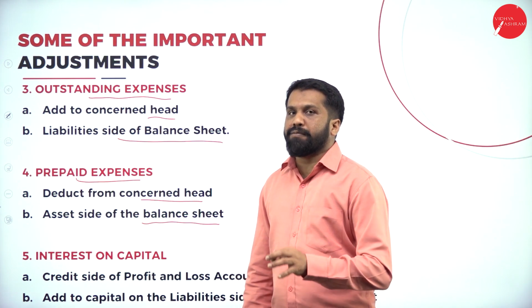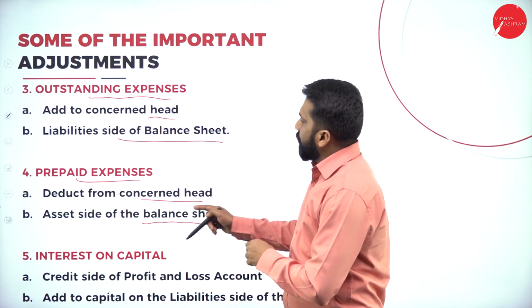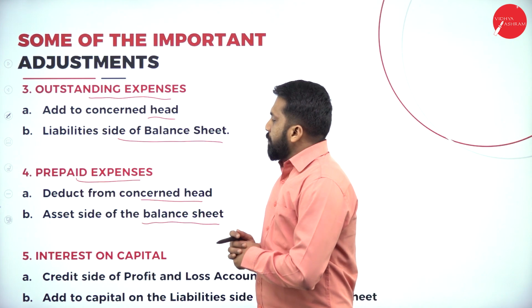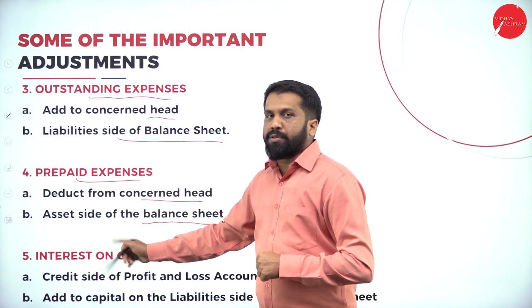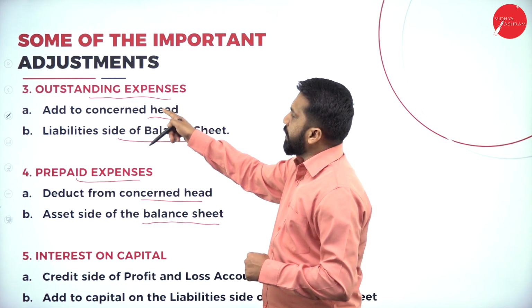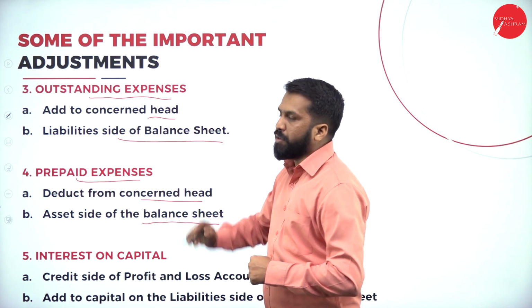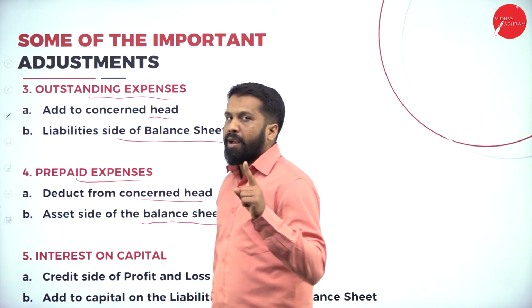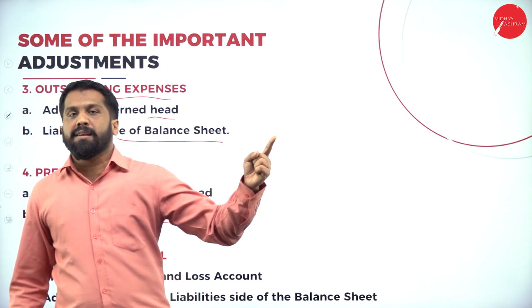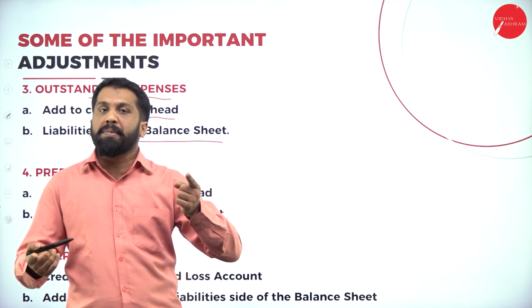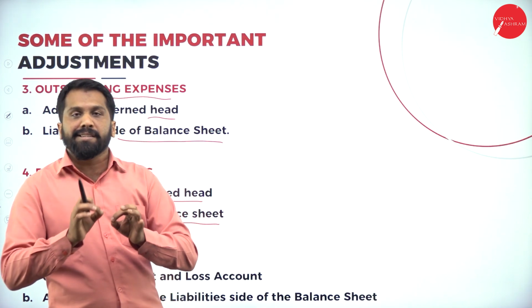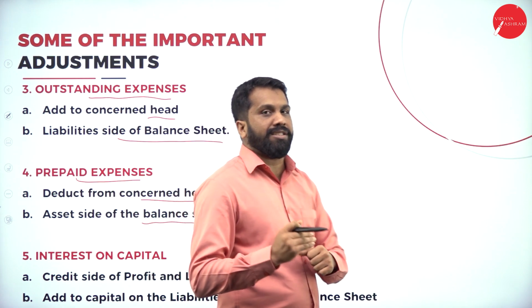Anything prepaid, you have to minus, and it will go to asset. Anything outstanding, you have to add and it will go to liability. Remember, outstanding, liability. Prepaid, asset. Outstanding, add. Prepaid, minus. Like this, you have to remember each adjustment.